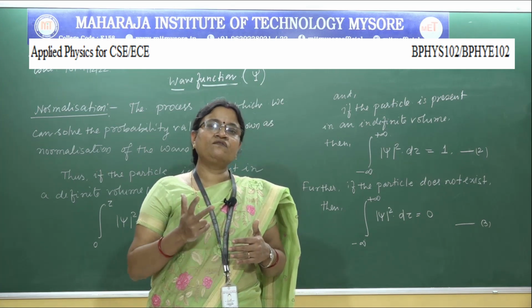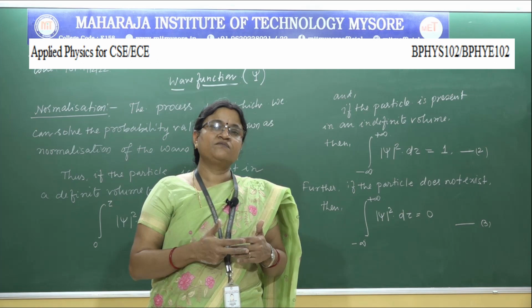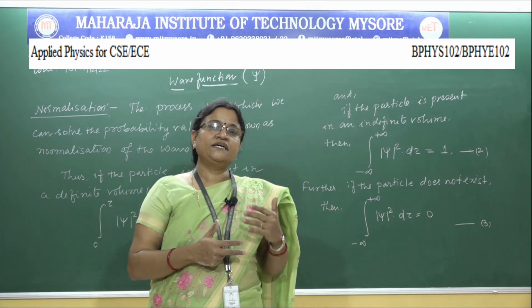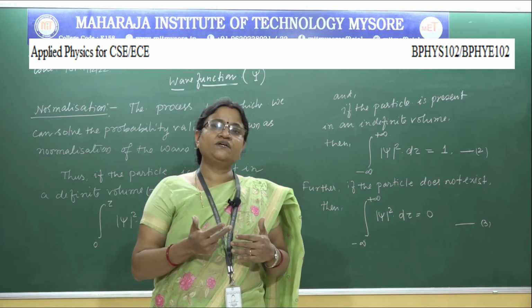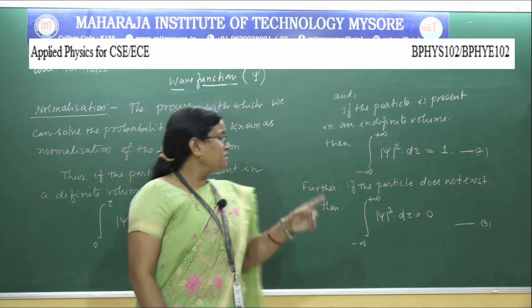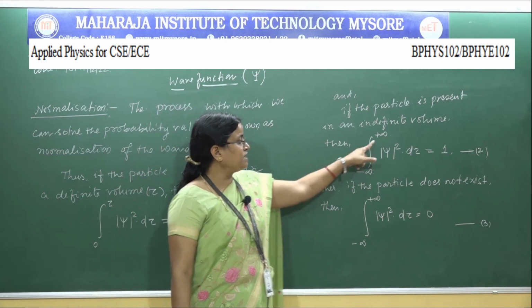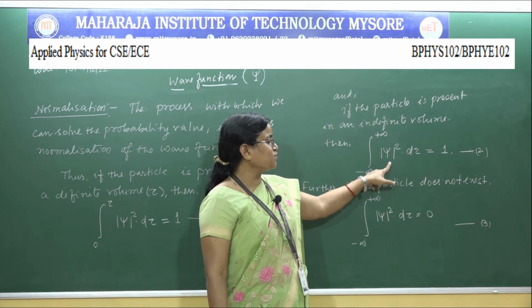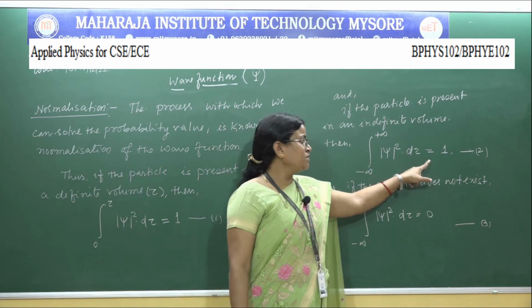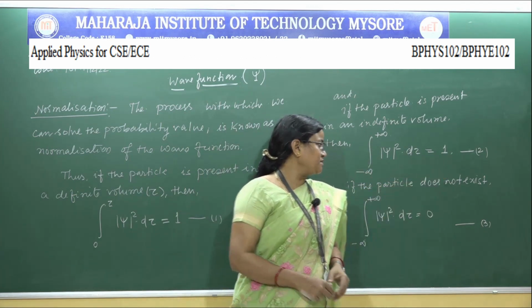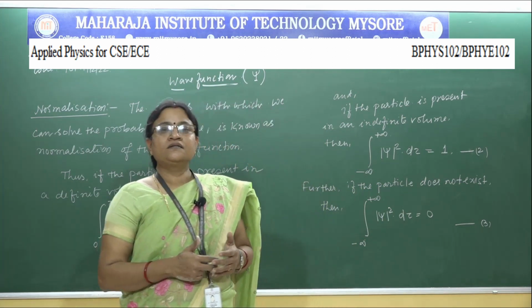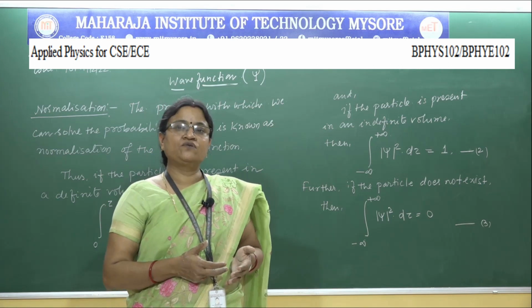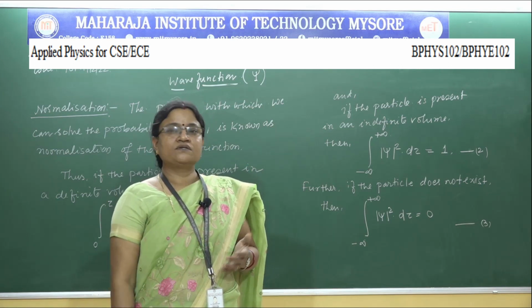So the integration of psi square with respect to d tau in the limit minus infinity to plus infinity will be equal to 1. And if the particle is not present, then the wave function value will be equal to 0.